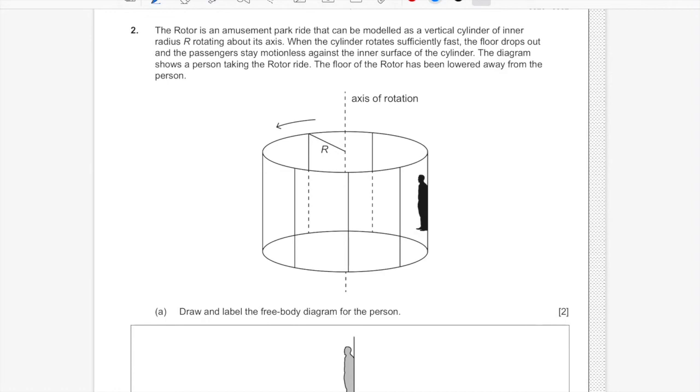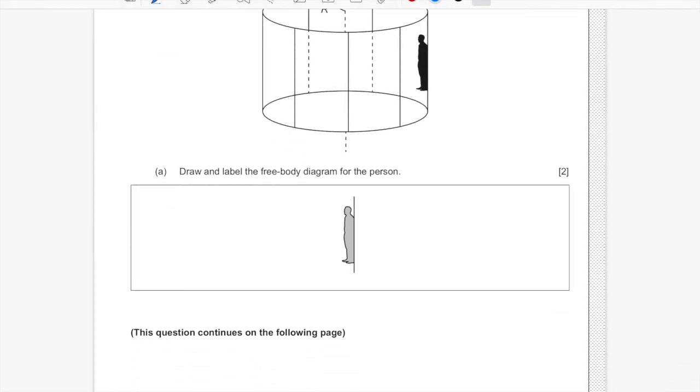Next question is about this fun amusement park ride, and we have to draw and label the free body diagram. This person is vertically at rest, so he's not sliding up or down, so his weight has to be balanced out by the friction between him and the wall. So there's weight pointing down, mg, and a friction force pointing up, which is preventing him from sliding down.